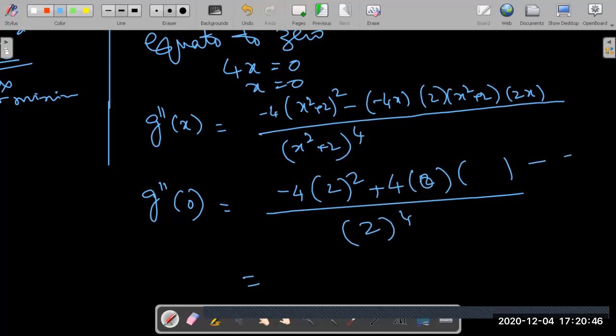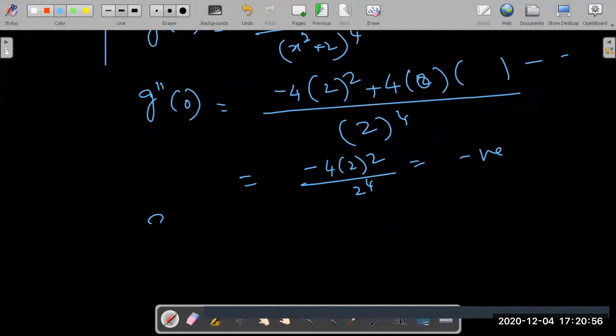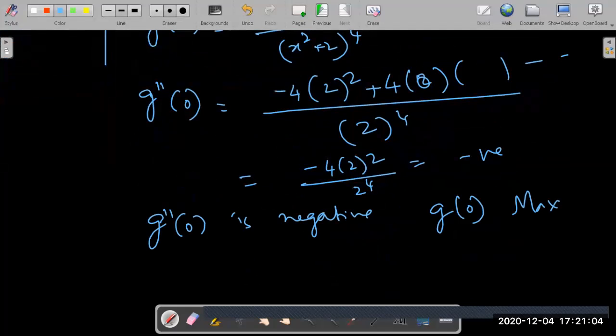So you'll have minus 4 into 2 squared divided by 2 to the power of 4. So anyway, this is negative. Since g double dash 0 is negative, that means g of 0 is the maximum value.